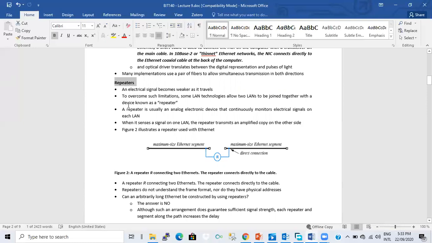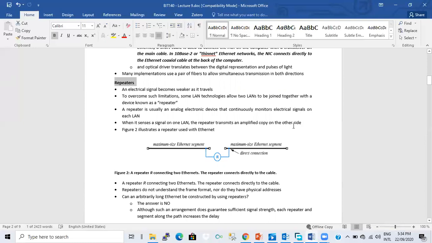A repeater is usually an analog electronic device that continuously monitors electric signals on each local area network. When it senses a signal on one local area network, the repeater transmits an amplified copy on the other side.